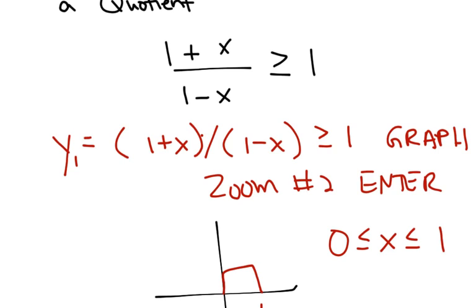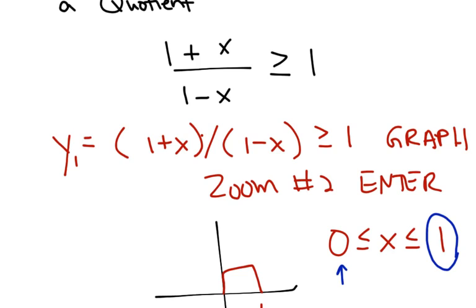So I want to go back and ask you a question. What happens when you plug that number back into the original problem? Doesn't it make the denominator 0? Absolutely it does. When you plug 1 into the denominator, it makes the denominator 0.